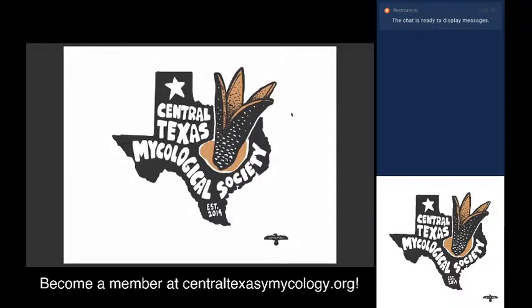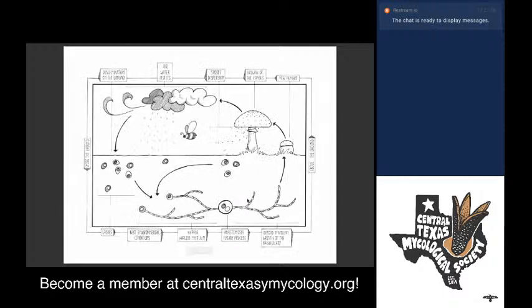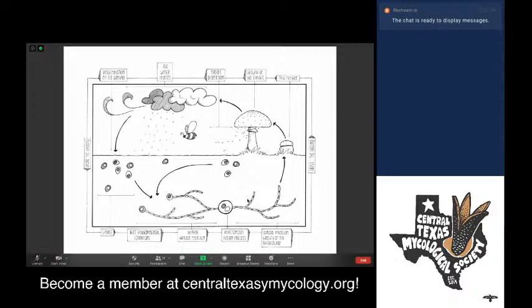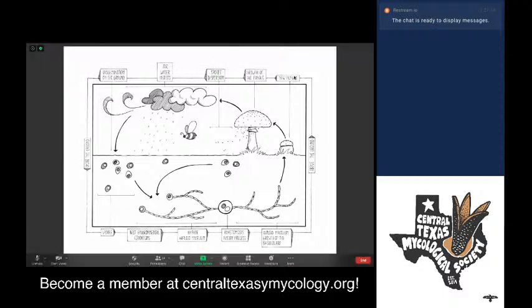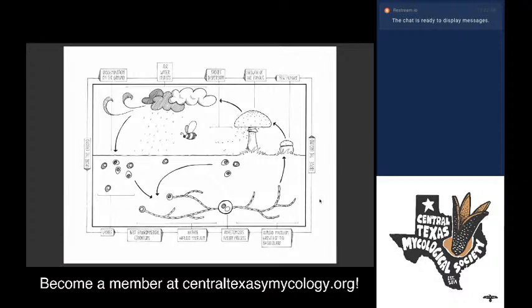So without further ado, I'm going to get this started. I'm going to share here. Awesome. Okay. Cool. And we can change slides. So, like I said, we're going to start off with a brief overview of the fungal lifestyle. And as you see here, we have a basic sketch of the... sorry, I just noticed you can't see me on the screen, but oh well, we'll have to power through.